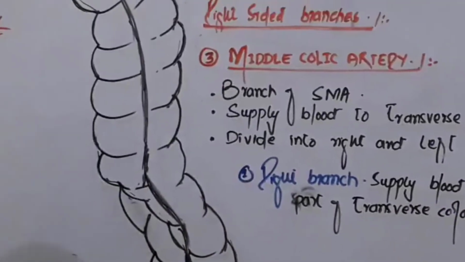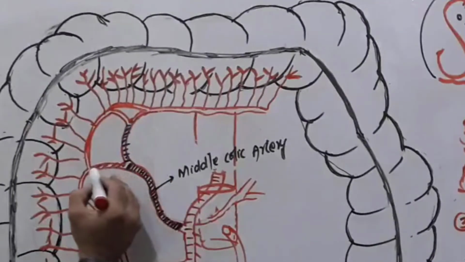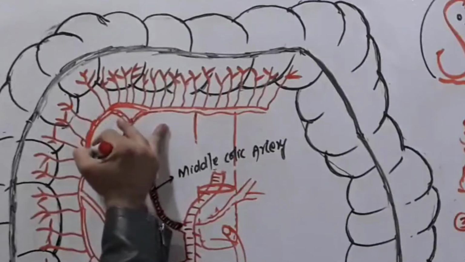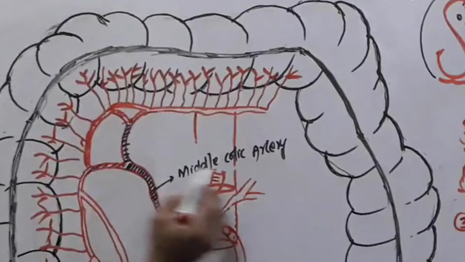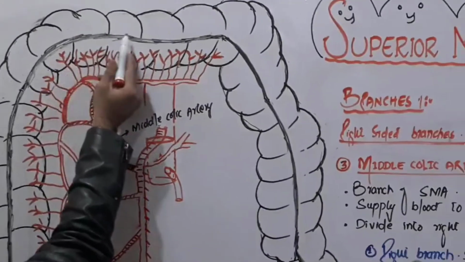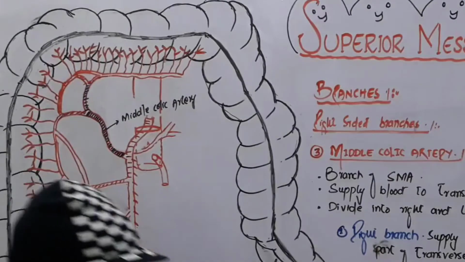We know it. Look carefully. This right branch is supplying blood to the right side of the transverse colon. You can see all these branches are the branches of the right branch of the middle colic artery, right? And it supplies blood to much of the right side of the transverse colon.